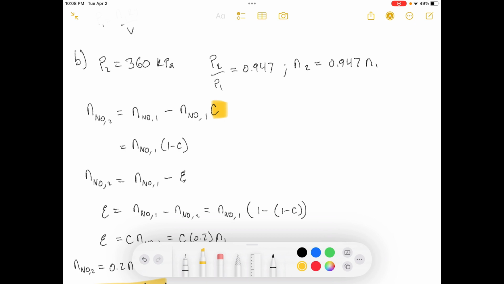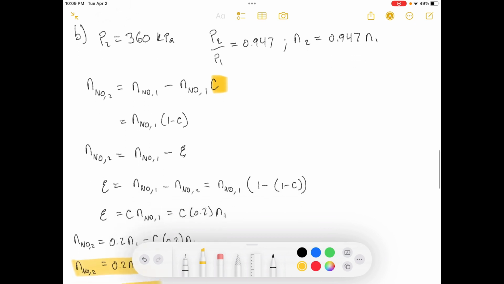So we do the exact same thing, and then we just solve for C backwards instead of using C to solve for an extent of reaction. Now we just use C as a variable and put the extent of reaction in terms of C. So now everything's in terms of C, and then at the very end, we'll just solve for what C is.